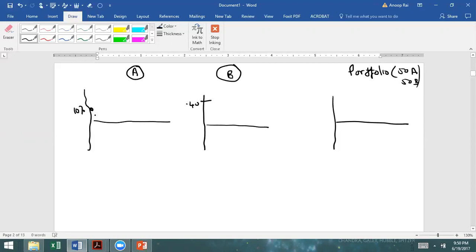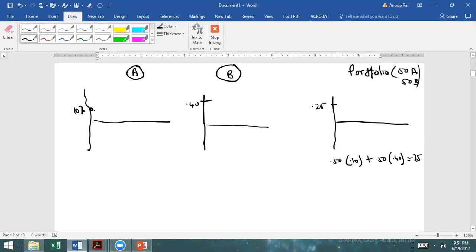So now let's see, if you hold both stocks 50 and 50, 0.10 times 50% and 0.40 times 50% means 5 and 20, on average, you should get a 0.25 return, correct? So let's put it as 0.25.